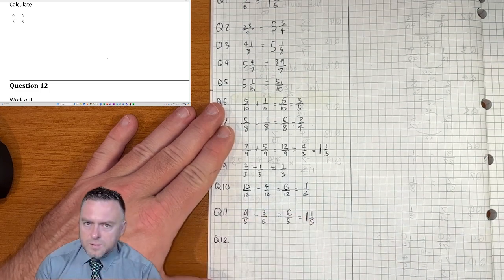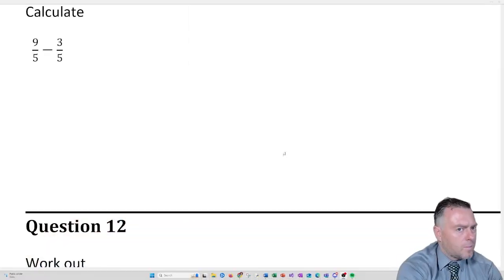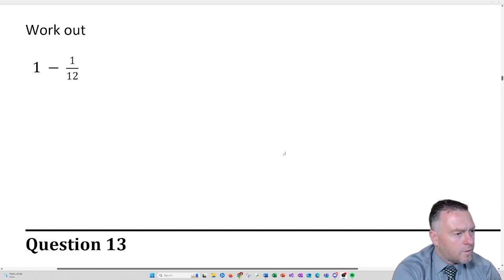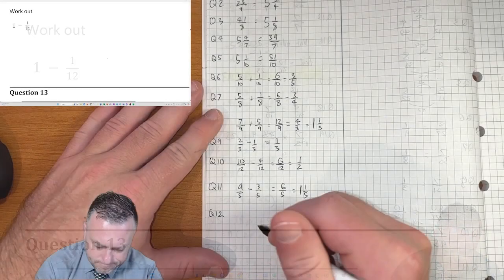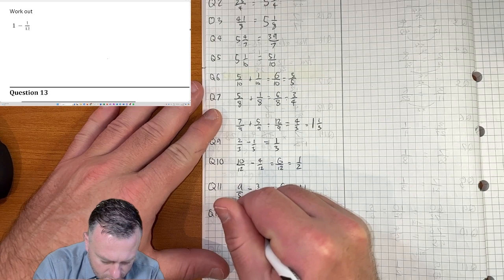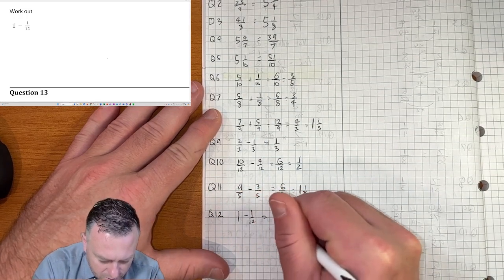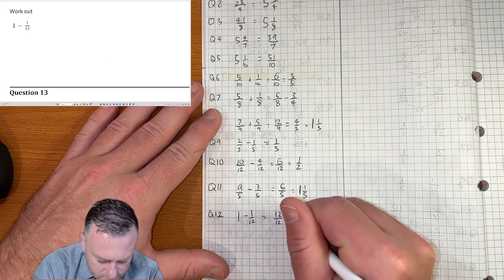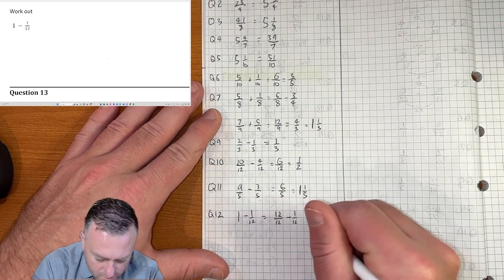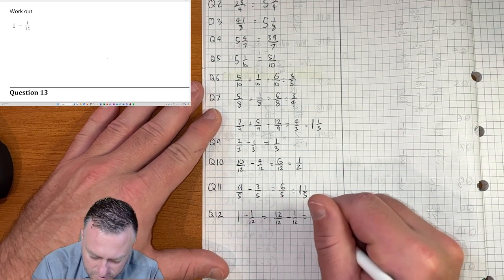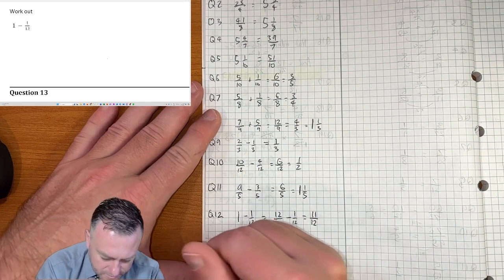Question 12. 1 take away 1/12. So 1 take away 1/12 is equal to 12 on 12 take away 1/12, which then equals 11 on 12.